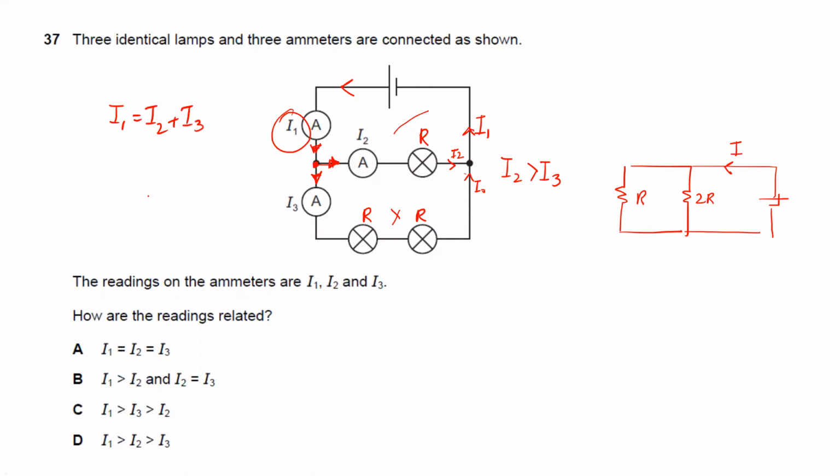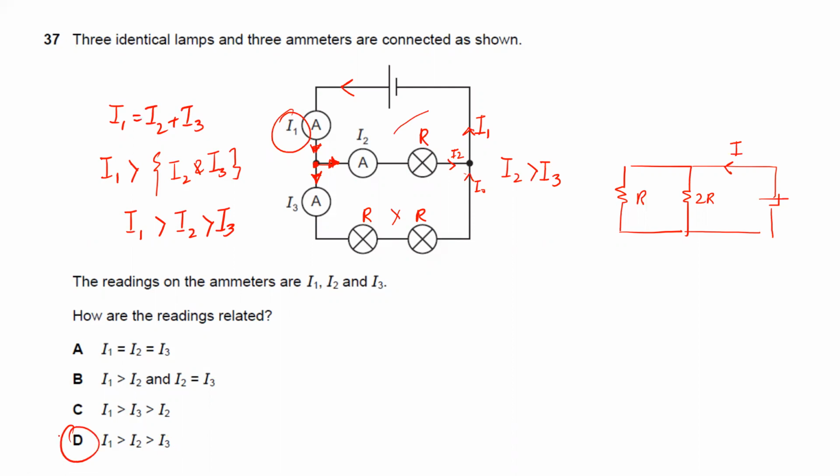This is also Kirchhoff's law. So we can simply say that I1 is greater than both I2 and I3, so I1 greater than I2 greater than I3. These will be the readings on the ammeters I1, I2, I3.